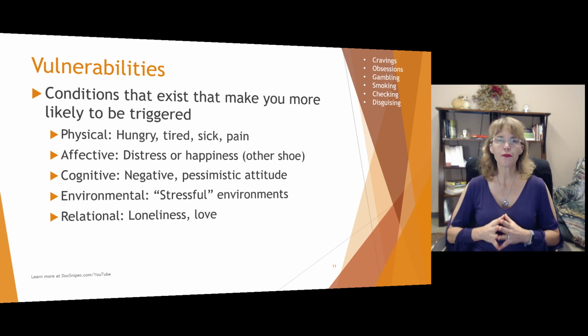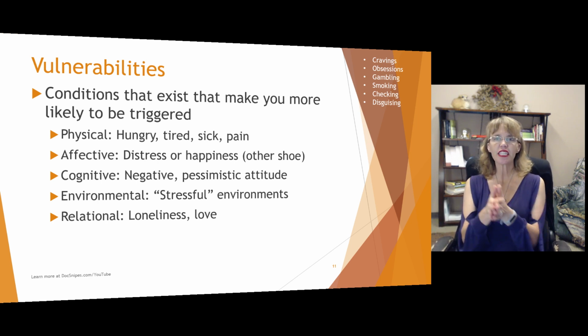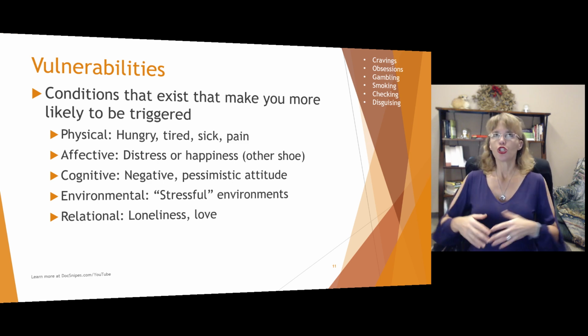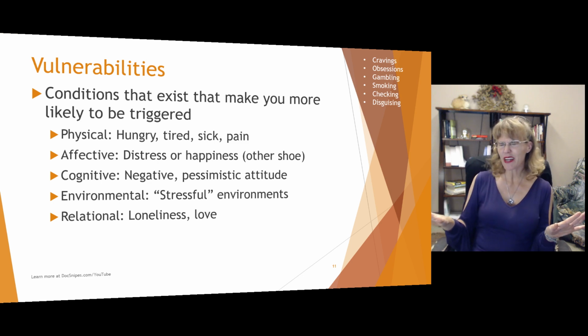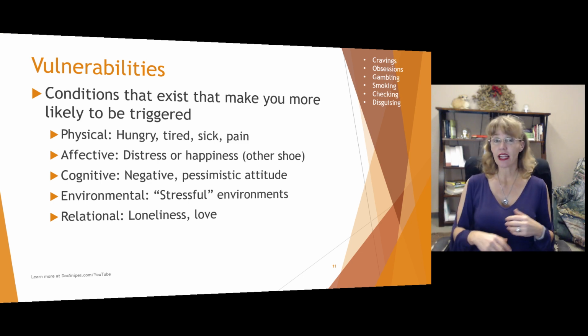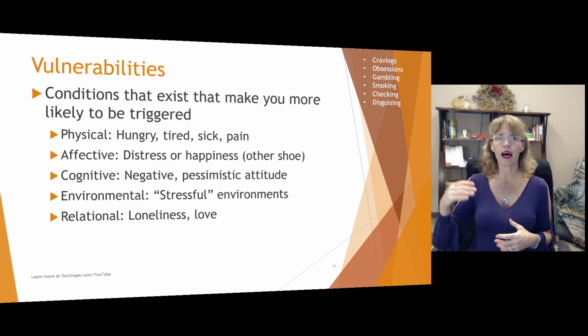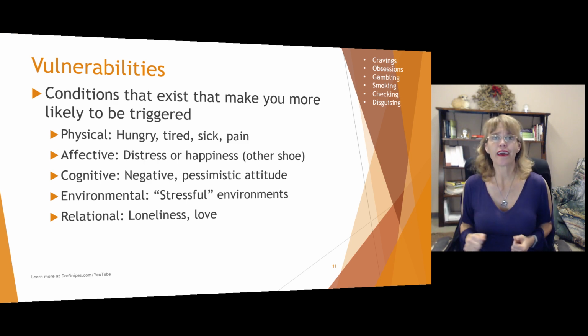Now, I mentioned vulnerabilities earlier, but we're going to talk about them a little bit more in depth here. Vulnerabilities are conditions that exist that make you more likely to be triggered. So, for example, on a day when I get up, I had plenty of rest, I'm feeling great, and I'm bebopping through my morning, getting cut off in traffic may not trigger my anger.